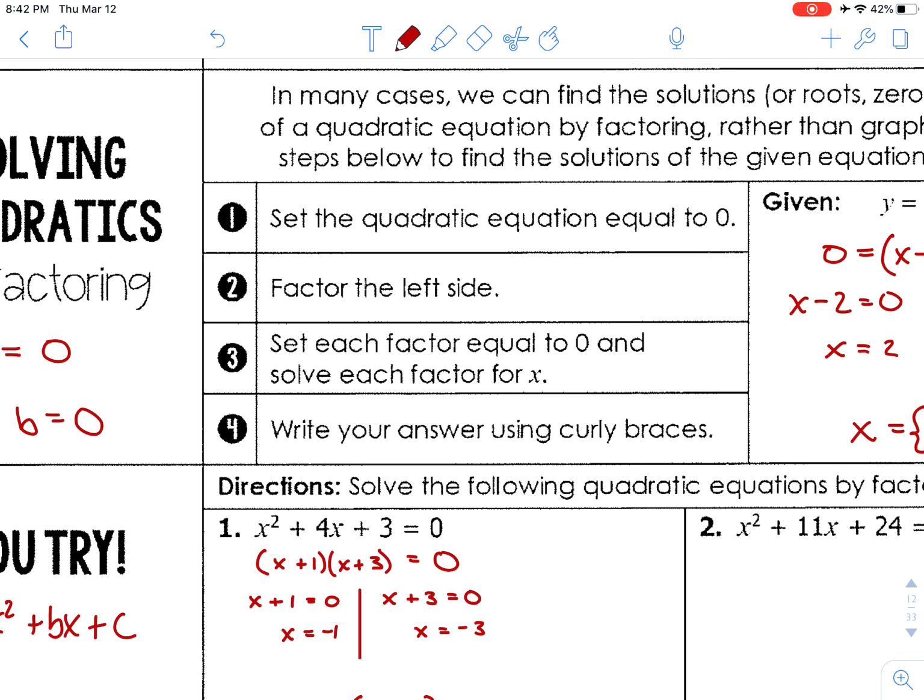I don't really want to deal with a negative x squared out in front when I'm trying to factor. If that's the case, I'm going to move everything to the other side, or multiply everything by negative 1, simply so that I can simplify my life a little bit in the process of trying to factor and solve.